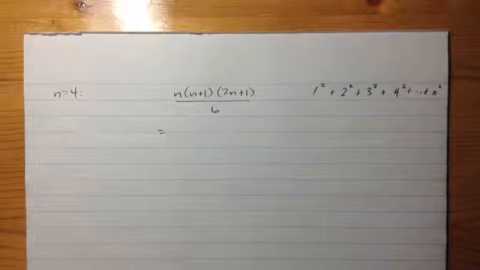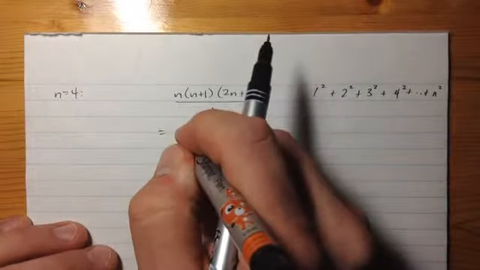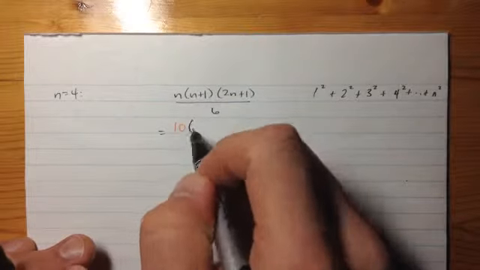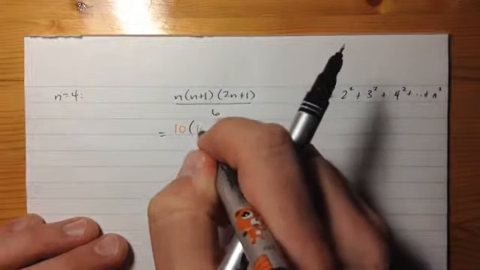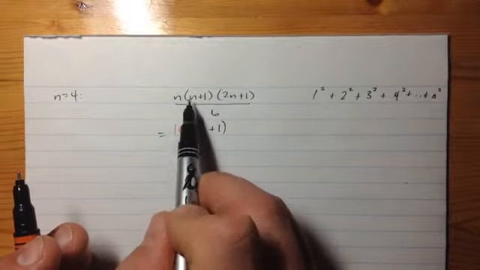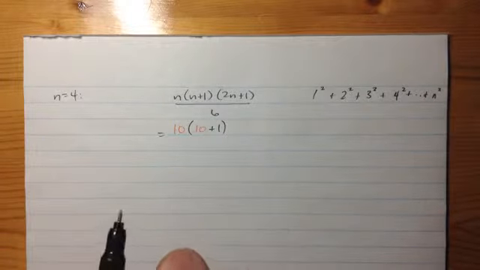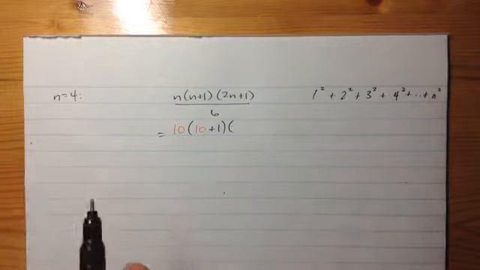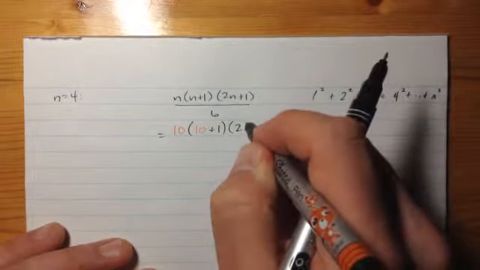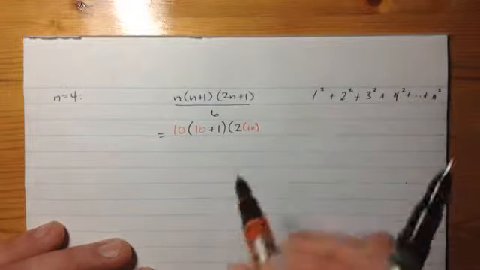Now this time I'm not going to use the brackets in all the cases because I think it's not necessarily helpful here. Here I've got 10, and here I've got 10 plus 1. So see how I've replaced n with 10, n with 10. Now here I've got 2 times n, so I am going to use my brackets because that's my multiplication.